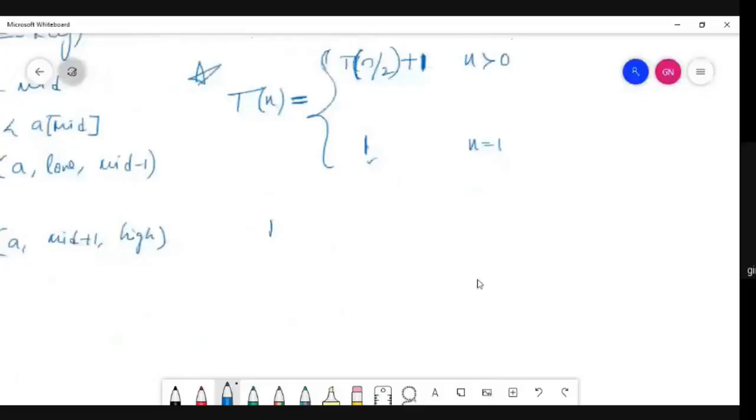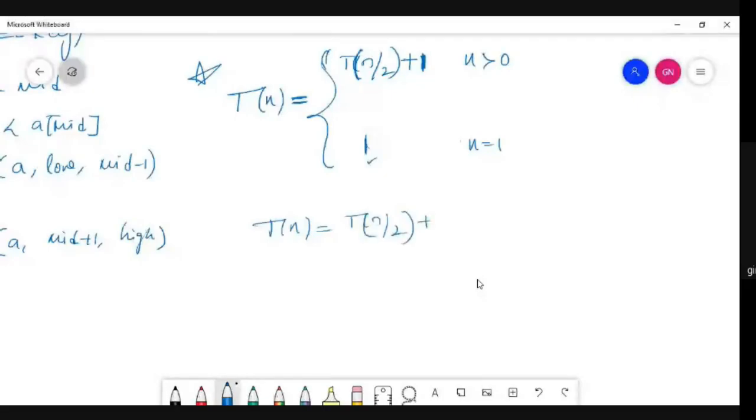So whenever it is for n equal to 0, observe carefully. For the time complexity, for this, I'm taking T of n equals twice T of n by 2, right? Twice T of n by 2 plus 1.